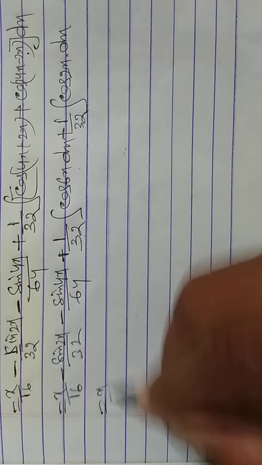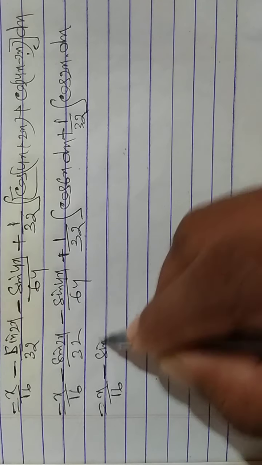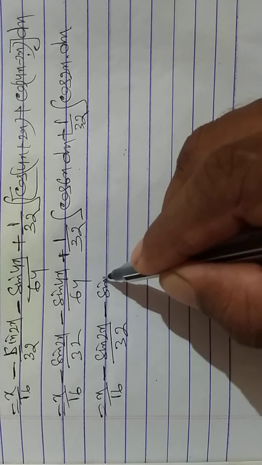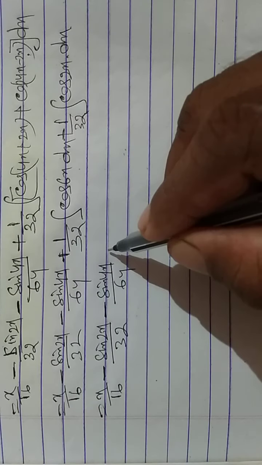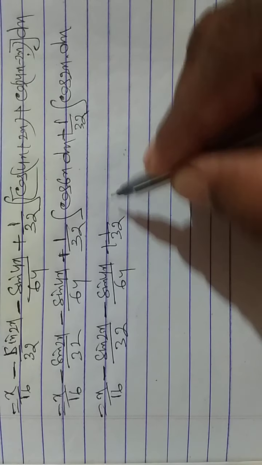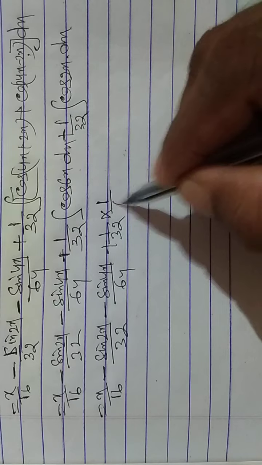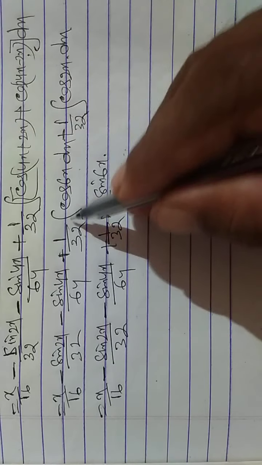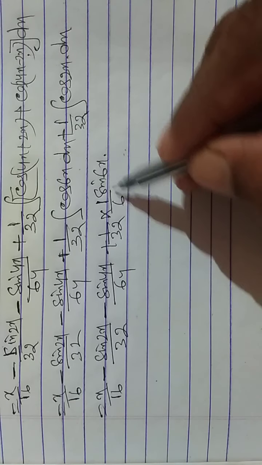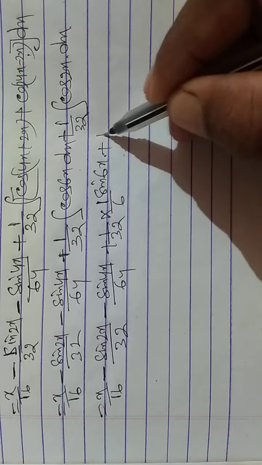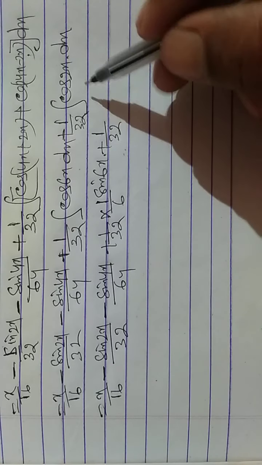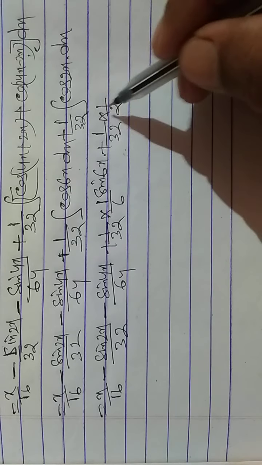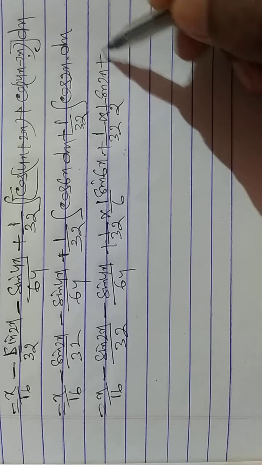This is equal to x/16 minus sin 2x/32 minus sin 4x/64 plus 1/32 into 1/6 into sin 6x, that is integration of cos 6x dx is equal to 1/6 sin 6x, plus 1/32 into 1/2 sin 2x, that is integration of cos 2x dx equals 1/2 sin 2x, plus c.